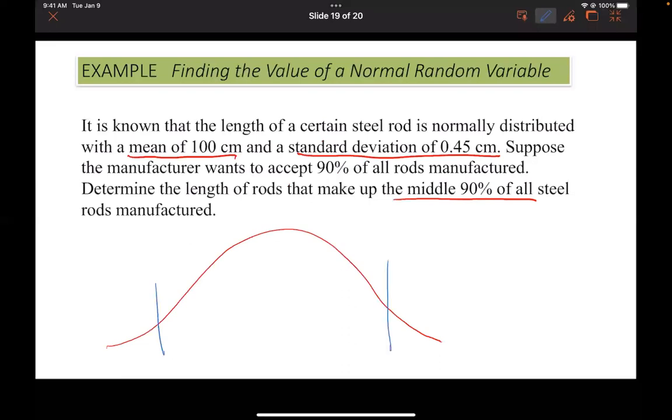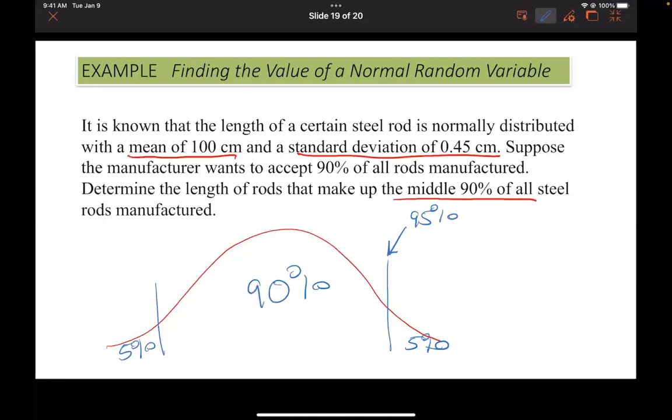Okay. So this is the middle 90% right here. That means there's 5% up here and 5% down here, right? Because it's the middle 90%. So this right here is the 95% mark.